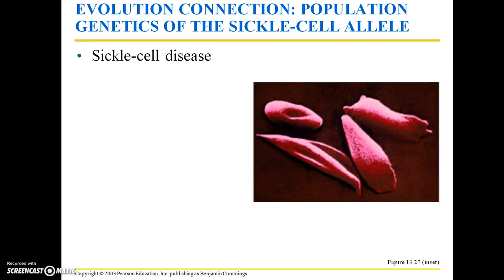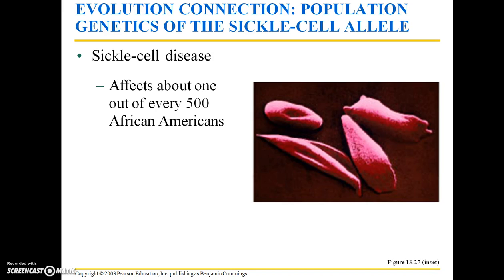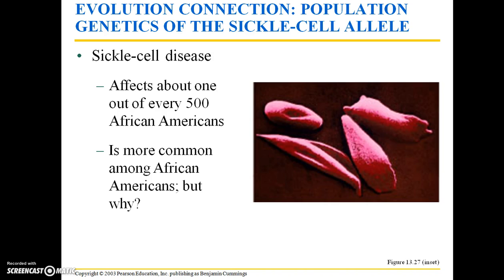Okay, I'm going to go ahead and finish up with an evolution connection. Population genetics of the sickle cell allele. So as I mentioned before, sickle cell disease is resulting from a mutation in hemoglobin. It affects about 1 out of every 500 African American individuals, and it's more common amongst African Americans. But why is this?